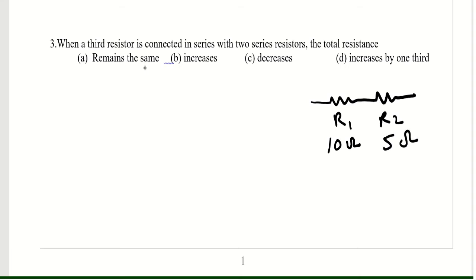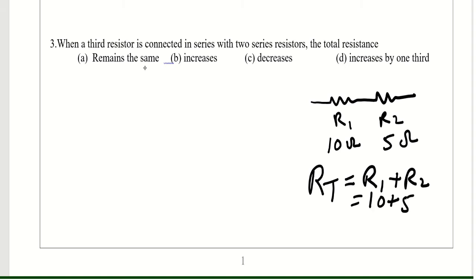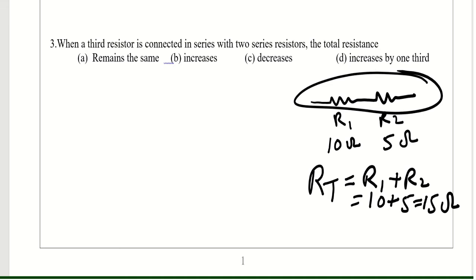So the total resistance of this circuit is R1 plus R2, which is 10 ohm plus 5 ohm, equal to 15 ohm.